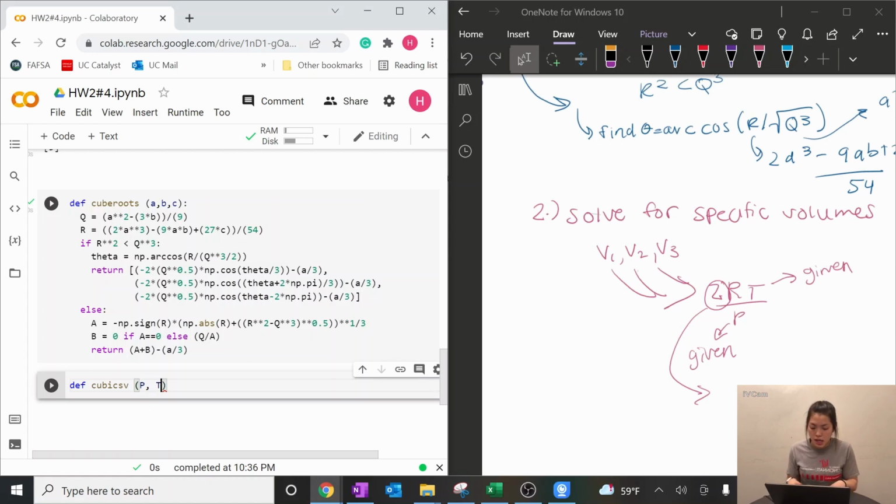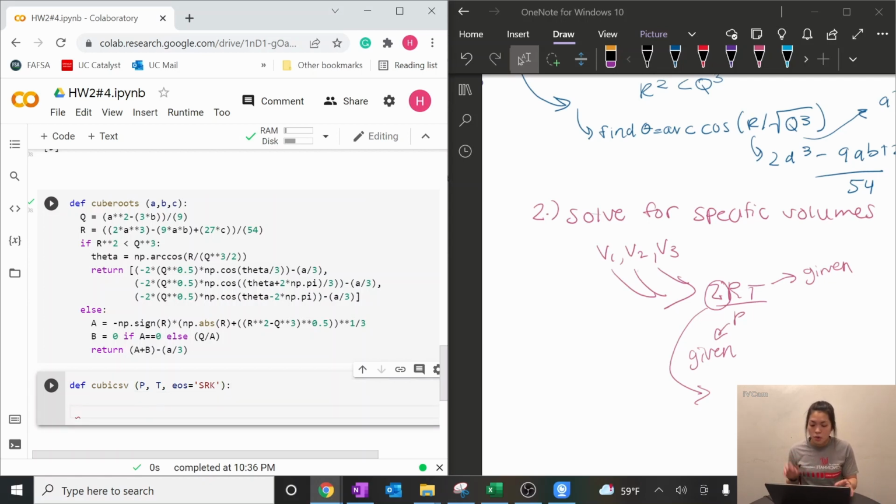We're going to be given a temperature, and we know the equation of state that we're going to be using for this is the SRK. So those are the pieces of information that we are provided in the question. It's saying solve for specific volumes when you are given a pressure, when you are given a temperature, and it is in the equation of state of SRK. So that's what we are given.